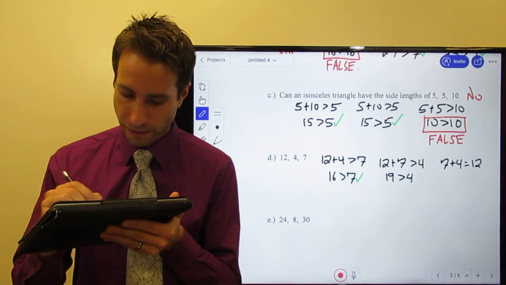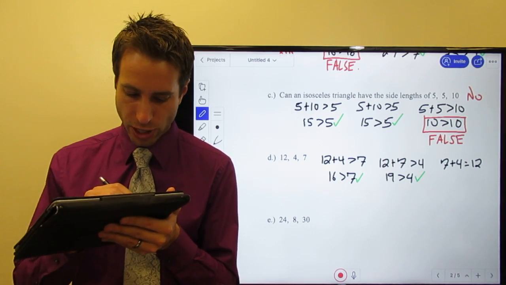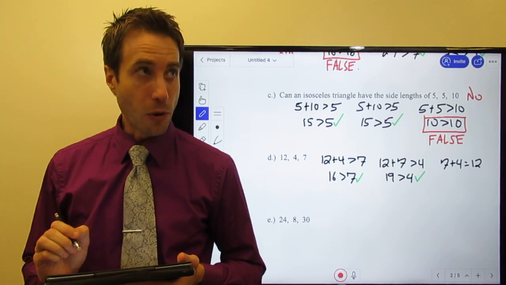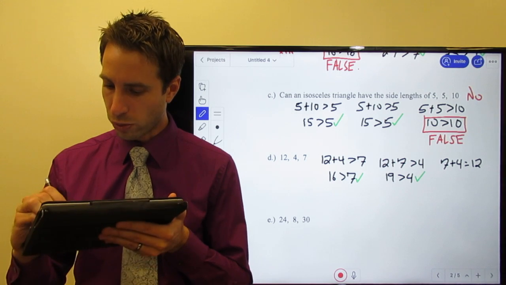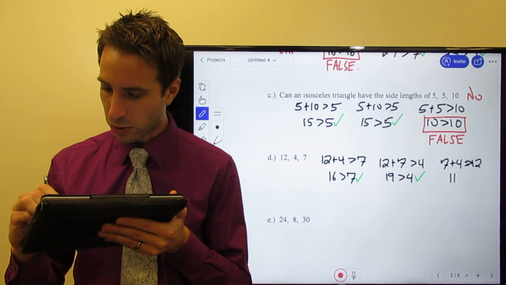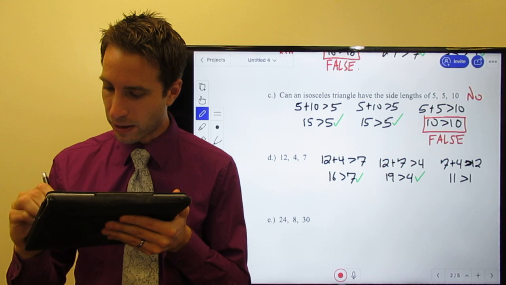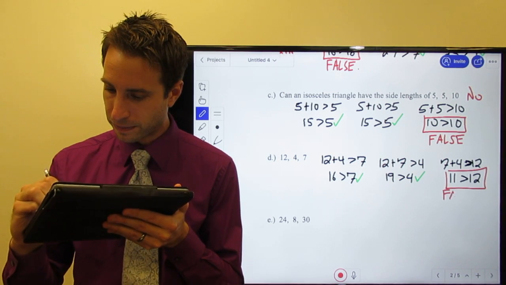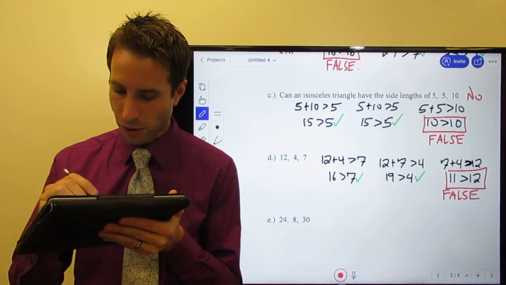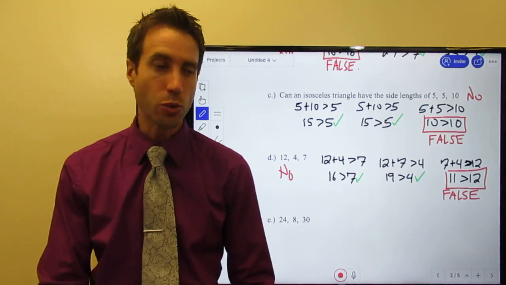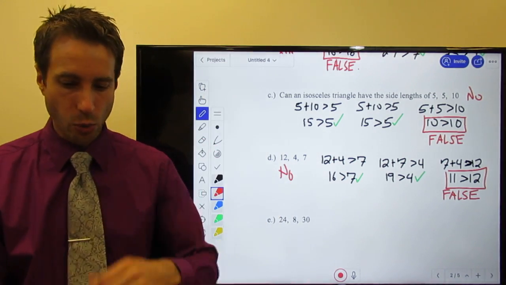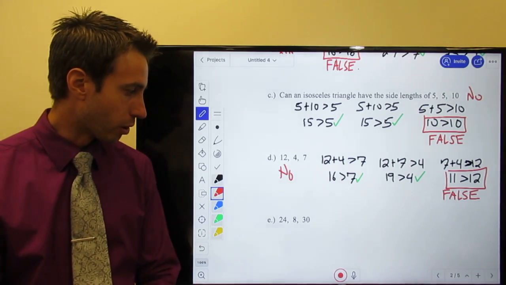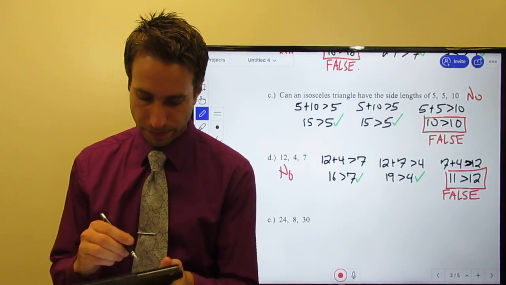Is that greater than 4? You betcha. 7 and 4, that's 11. Is 11 greater than 12? No siree. That's false, which means no. You cannot build a triangle with those sides. Won't work.